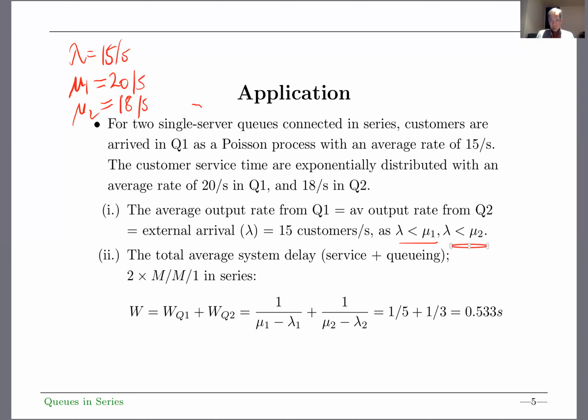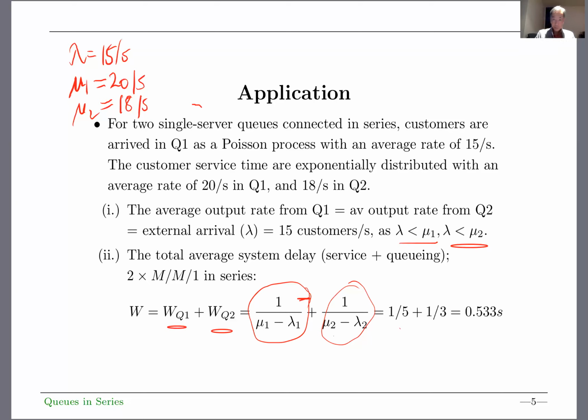If you want to know the total system delay, it is just the total system delay of Q1 plus that of Q2. Using the M/M/1 result, that is the total system delay for one single M/M/1 queue, plus that of the second M/M/1 queue. Because mu 1 minus lambda is 20 minus 15, it gives 1 over 5, and mu 2 minus lambda is 18 minus 15, giving 1 over 3.